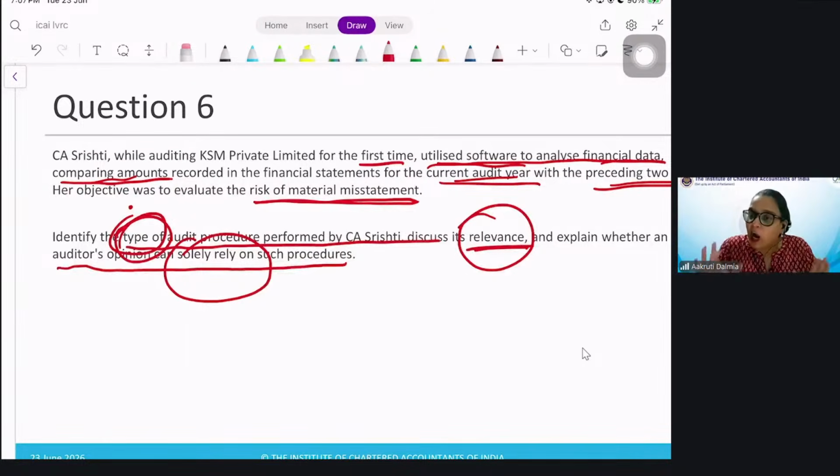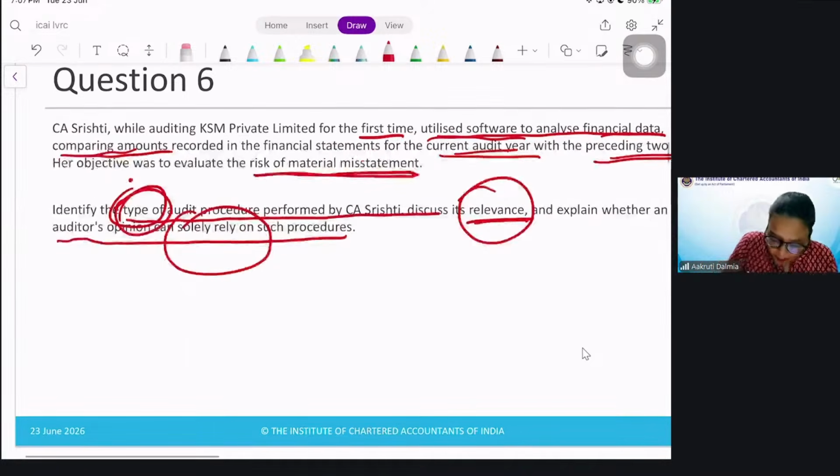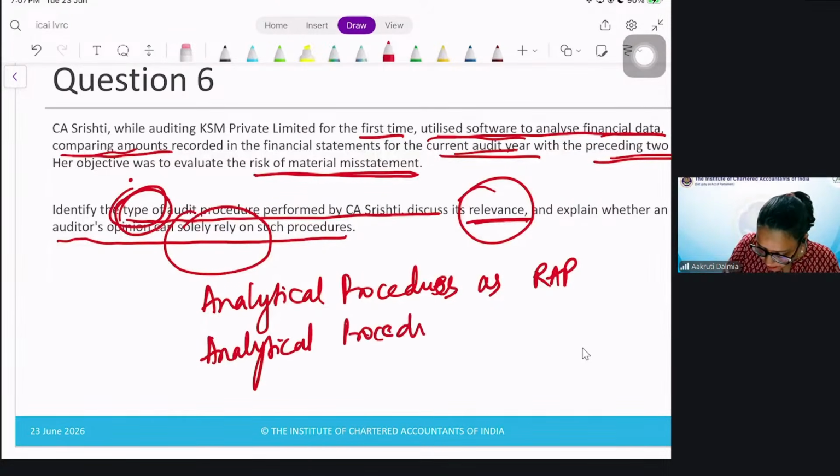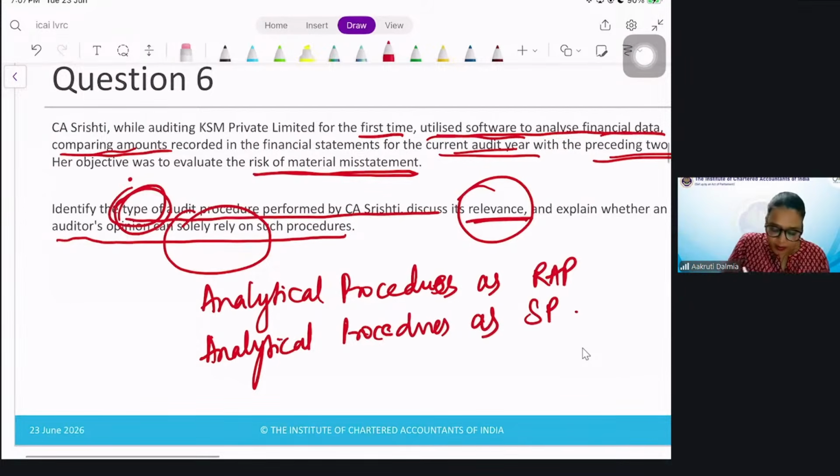So there is a language in your book. Analytical procedures as risk assessment procedures and analytical procedures as substantive procedures. इसको कभी-कभी substantive analytical procedures भी बोलते हैं.